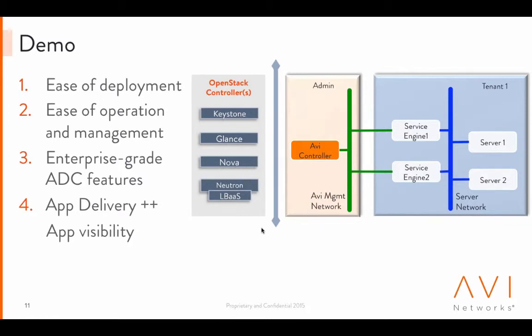So the Neutron LBaaS plugin is simply shipping all the LBaaS API calls that we are doing on the OpenStack controller to the AVI controller. So we have a lot of flexible options in which you can deploy, either it's a private cloud or you're in a public cloud or you're hosting or you're creating hosted private clouds. This architecture makes perfect sense for you. So let me show you the enterprise ADC features.